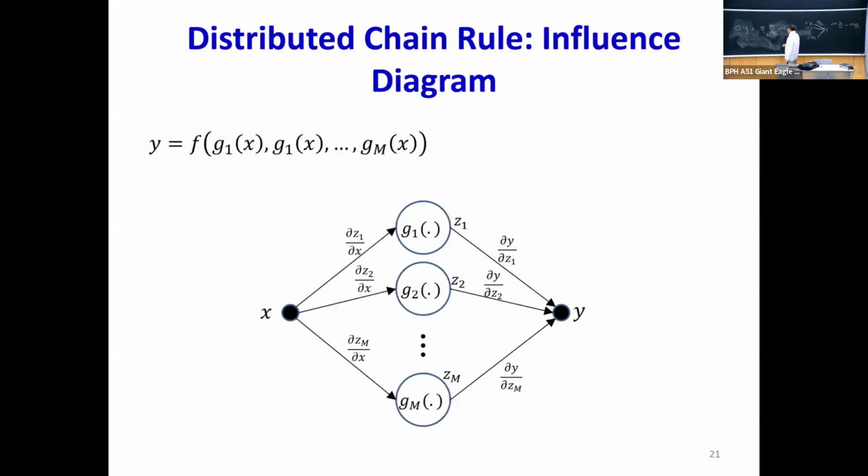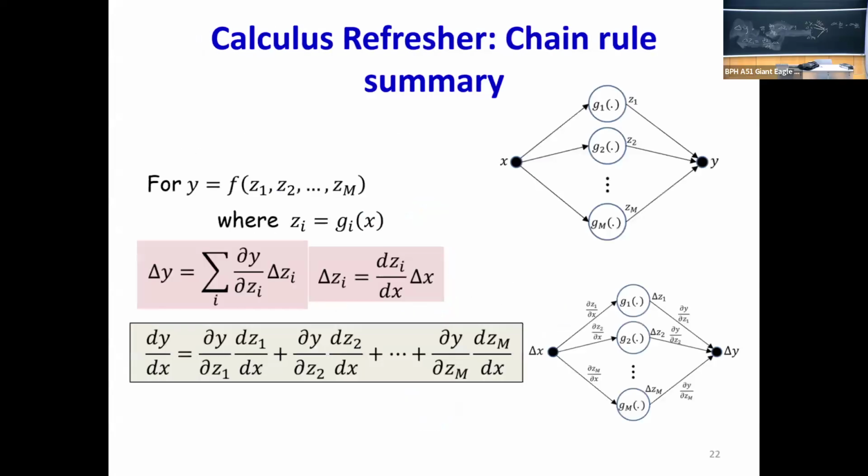And now we see that delta Zi equals dZi over dx times delta x. This we know, right? Again, is this clear to everybody? And so combining the lot, what would we get? So delta y, you're going to be summing over all incoming edges.